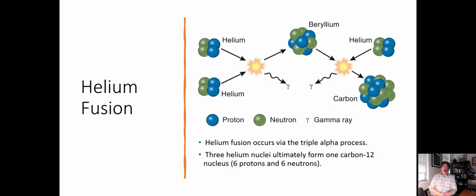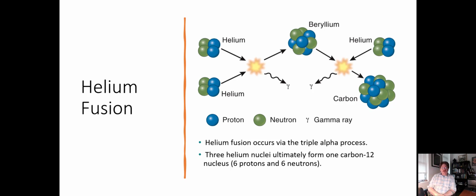Now, how does that work? How does that helium fusion happen? You can see the diagram here. Two helium atoms will slam into each other. One of the byproducts of which is a gamma ray, that is ultimately the energy that is produced in the star through this process. So energy comes out.